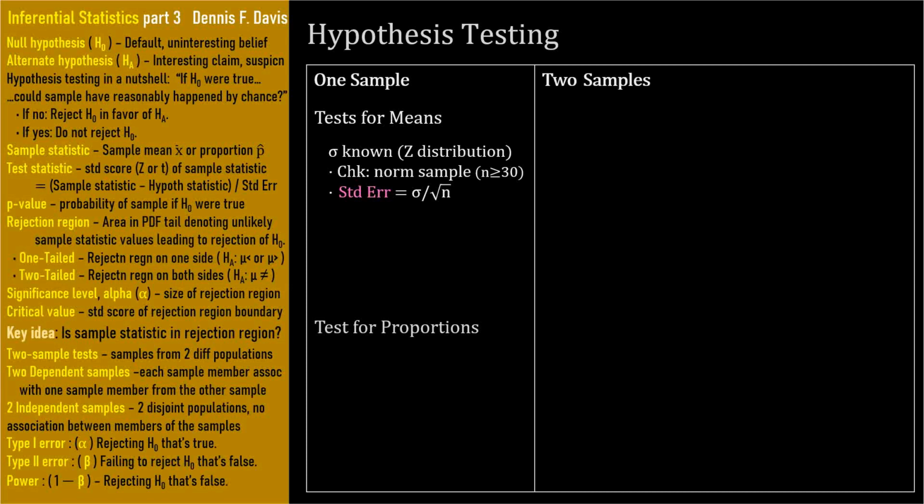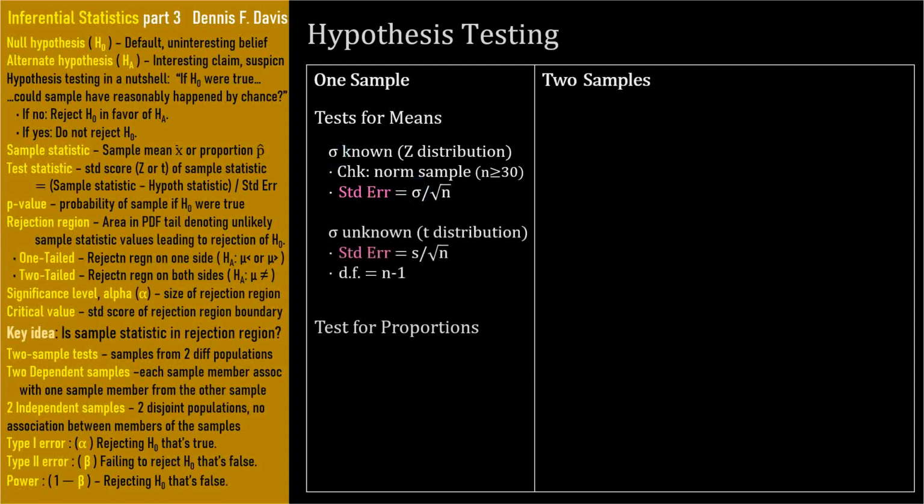For means tests, if we know sigma, then we'll conduct a z-test, and the standard error will be sigma divided by the square root of the sample size n. Since we know sigma, we use it to find the standard deviation of the sampling distribution, the standard error. We just need to be able to assume that the sampling distribution is normal, which is a good assumption if the sample size n is greater than or equal to 30.